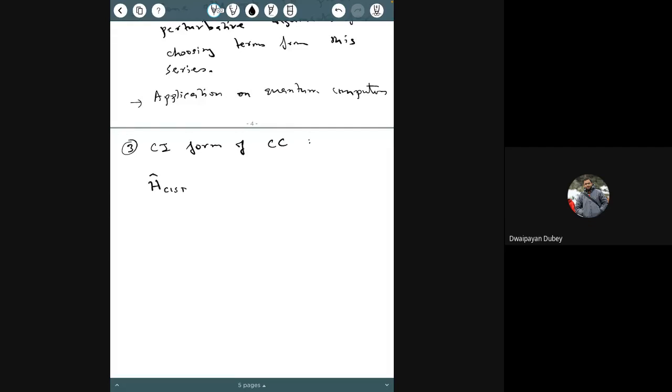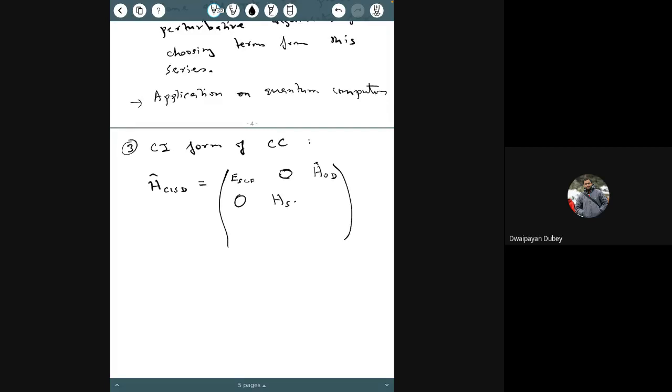So HCISD. If you see the matrix that you need to diagonalize for a configuration interaction singles doubles, it has this form. These off diagonals are 0 by Brillouin's theorem, and then you have the cross terms with the doubly excited.